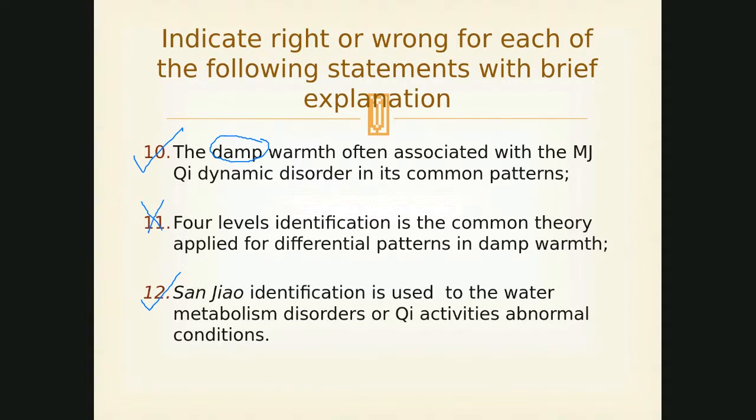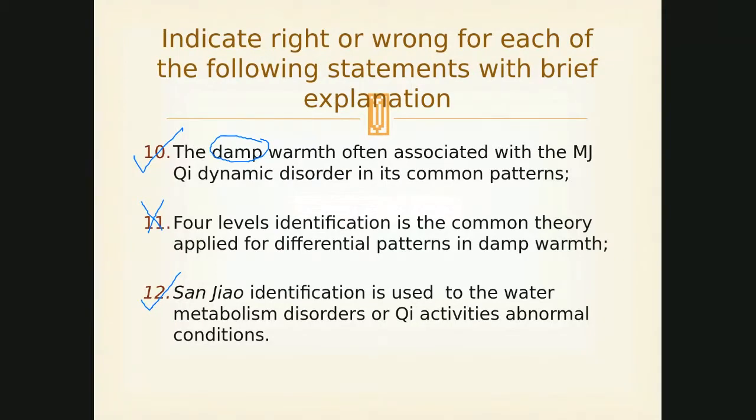So any kind of water metabolism disorder or qi activity abnormality means something is happening related to Sanjiao disorder, and we can use Sanjiao identification, no matter whether there is heat or not. Generally, Sanjiao identification is used for both water metabolism and qi activity disorder related conditions.